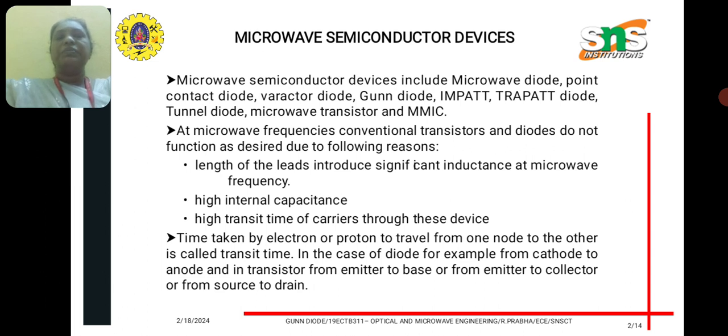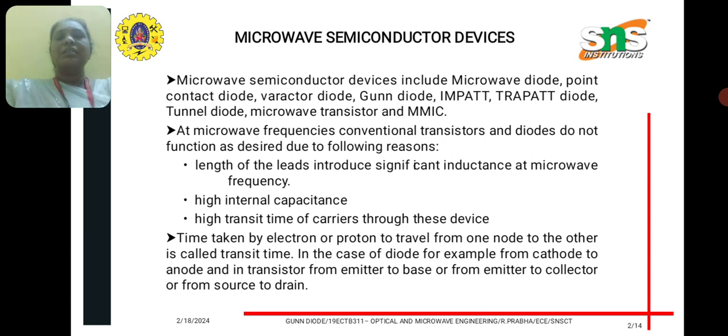At microwave frequencies, we cannot use conventional transistors for these reasons. One is that the length of the leads introduces significant inductance at microwave frequency. The second reason is high internal capacitance. The third reason is the high transit time of carriers through these devices.